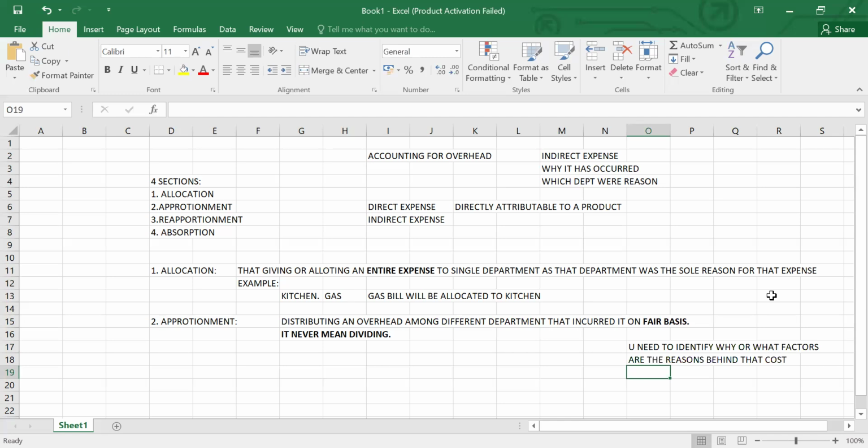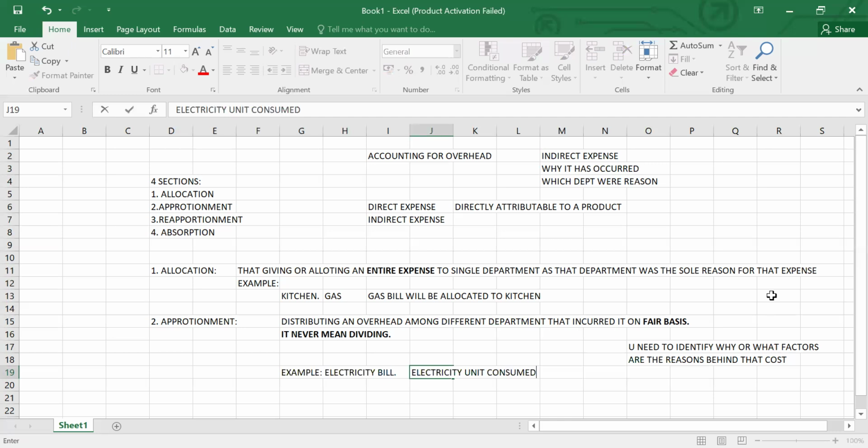For example, a very basic example I'm giving you here is the electricity bill. The electricity bill will be distributed among the departments on the basis of electricity units consumed, right? Is that correct?